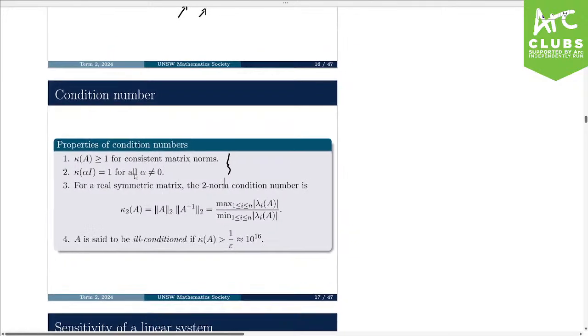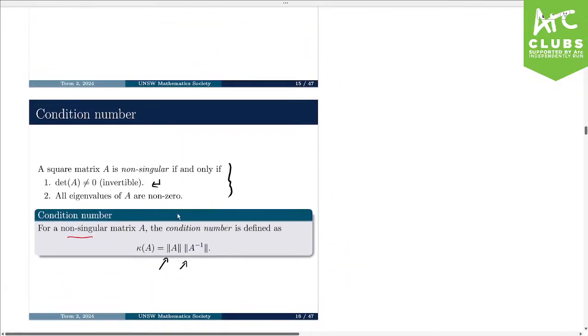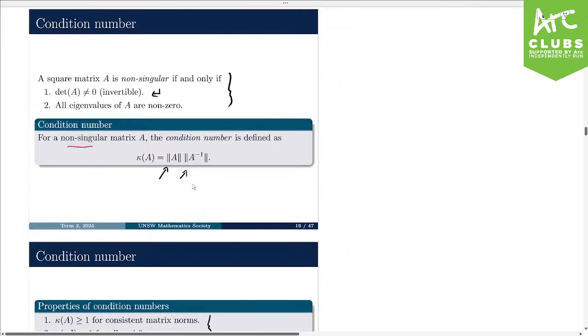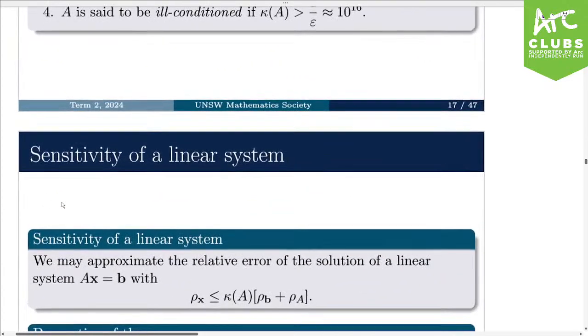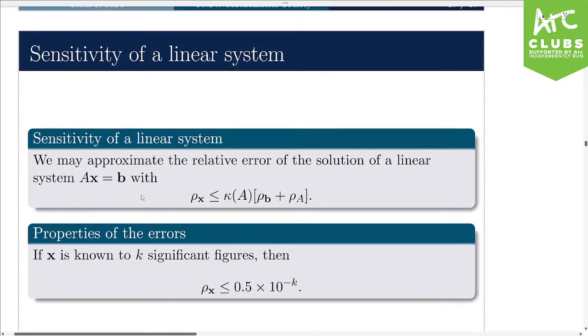Okay, so the point of introducing condition numbers is to talk about the sensitivity of linear systems. So if we have a linear system, Ax equals b, and we know A and b, we want to know how confident we can be in the x that we find.